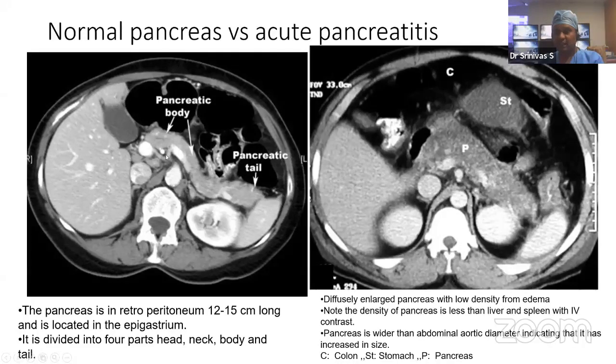The structure of the pancreas is usually delineated, that means the borders of the pancreas are well preserved in a normal pancreas, but in acute pancreatitis, the borders are not properly seen, and it is scattered, enlarged, and very edematous, and the diameter is more than the aortic diameter, which means the pancreatic size has increased. This C represents the colon, ST represents the stomach, and the P represents the pancreas.